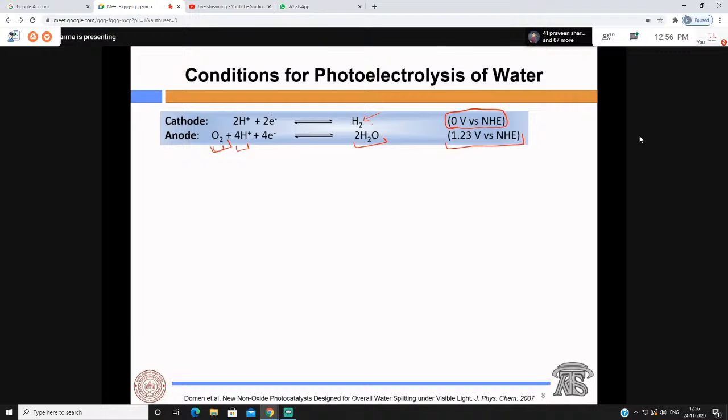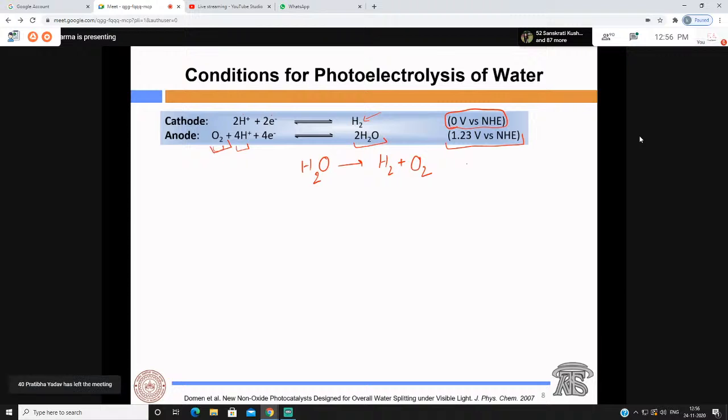So when we combine these reactions together, we get the water molecule splitting into hydrogen and oxygen. Okay, you can balance the stoichiometry because there are 4 electrons, 2 electrons. So what is the coefficient you need to multiply? You can do it.